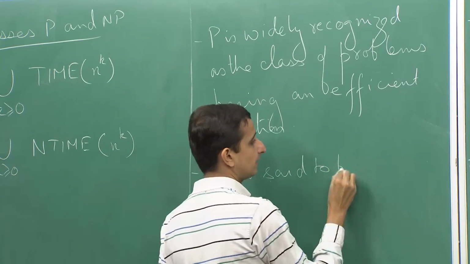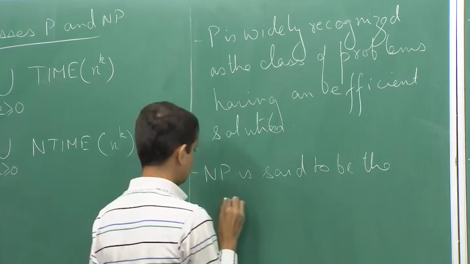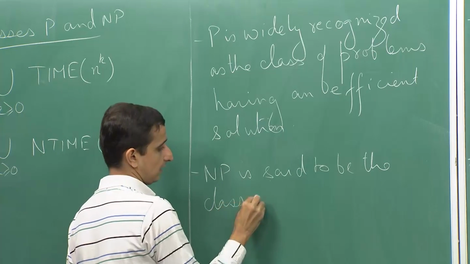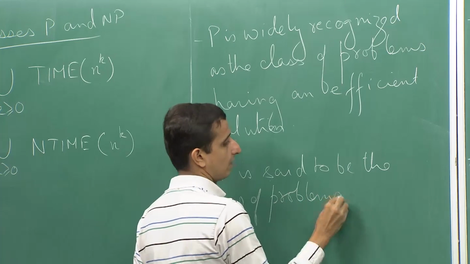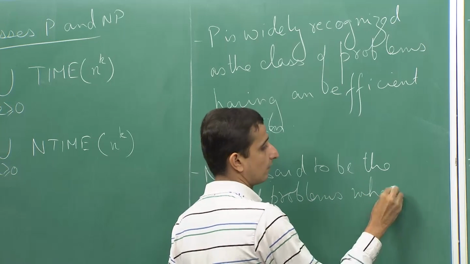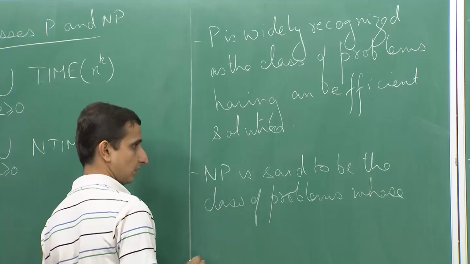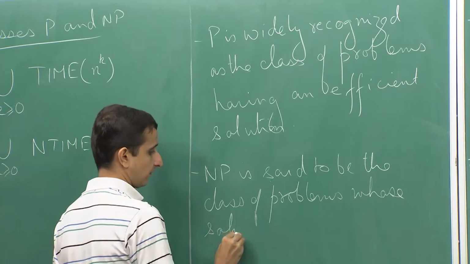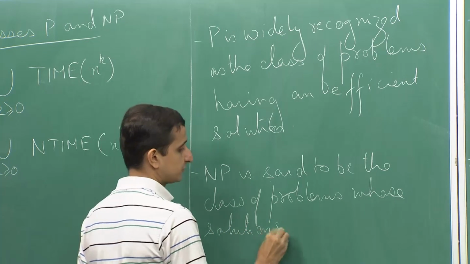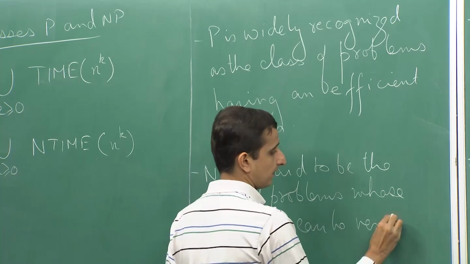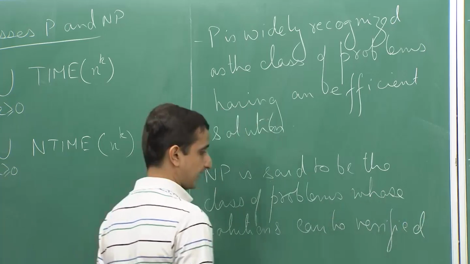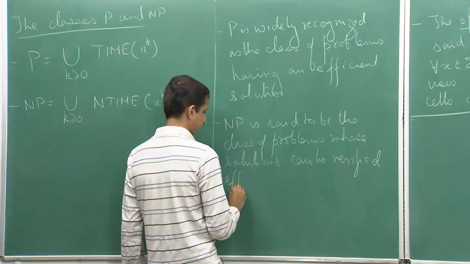On the other hand, NP is said to be the class of problems whose solutions can be verified efficiently.